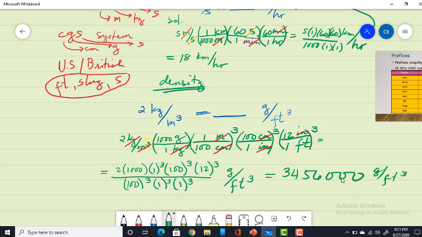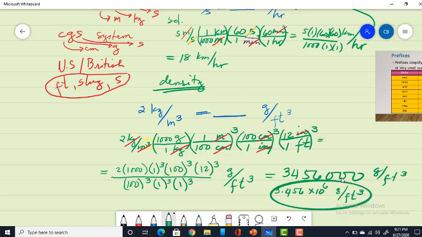Or we can write this in scientific notation as 3.456 times 10 to the power 6 gram per feet cube. Okay, so this is our answer.